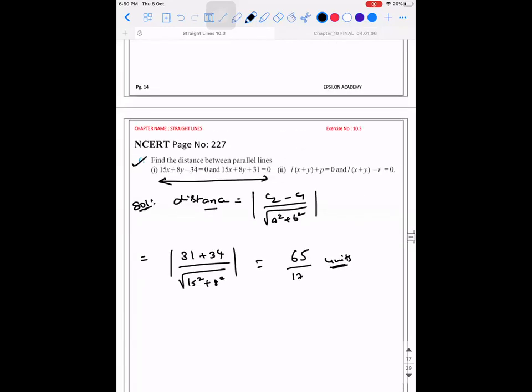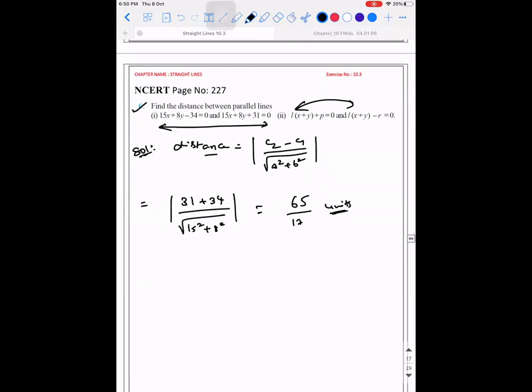Oh, there is another problem, right? So what is the distance for the second one? For the second one, distance is equal to C2 minus C1, that is P plus R divided by root of L square plus L square.